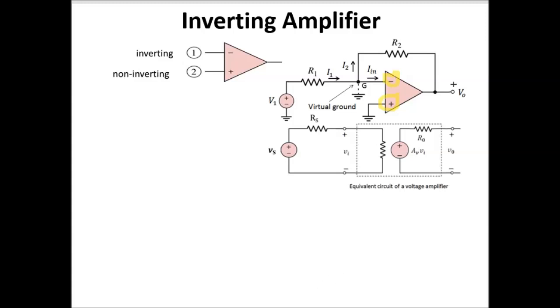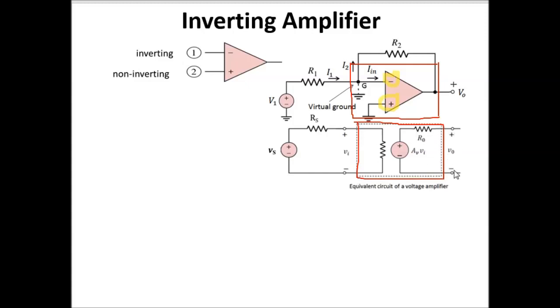So what I want you to take note of is to just imagine that this is your voltage amplifier block for the op-amp, right? Similarly, this is just like the one in your chapter 1 here. So you can see this is the voltage amplifier portion.